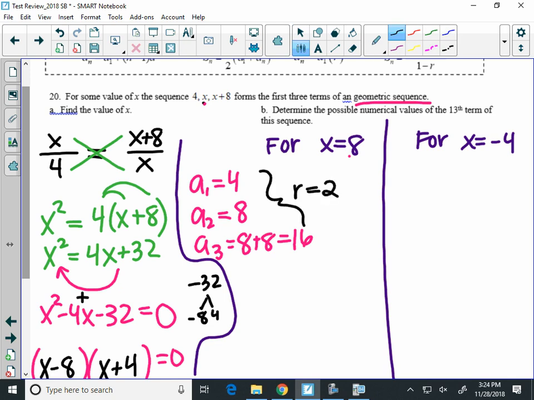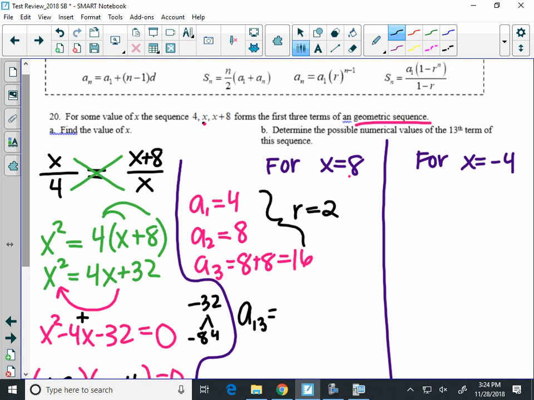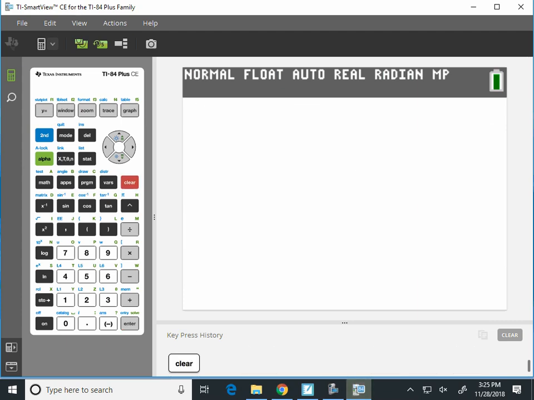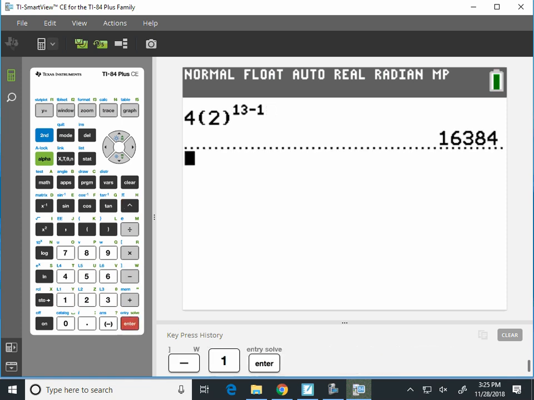You're multiplying by 2 every time, which then gives you everything you need to find the 13th term using your geometric sequence formula. We know the first term is 4. Here the common ratio is 2 to the 13 minus 1 power. So we'd have 4 times 2 to the 13 minus 1, which is 16,384.